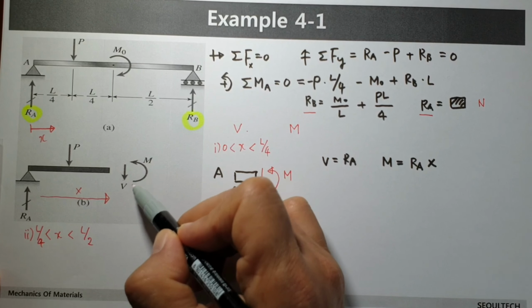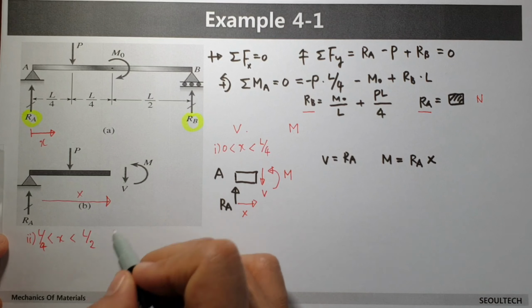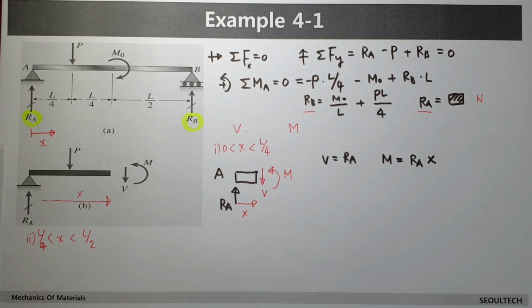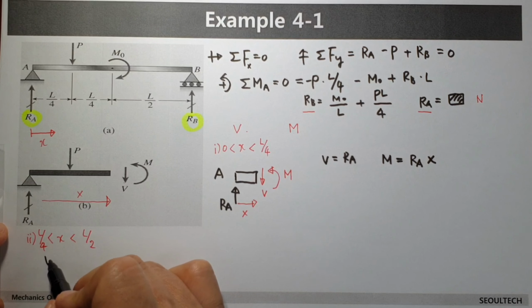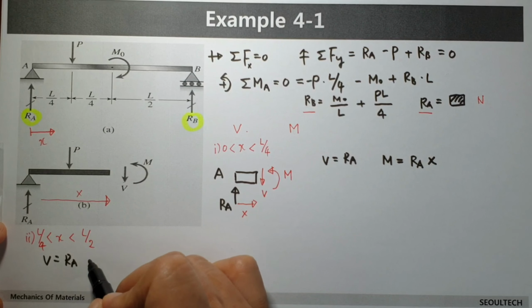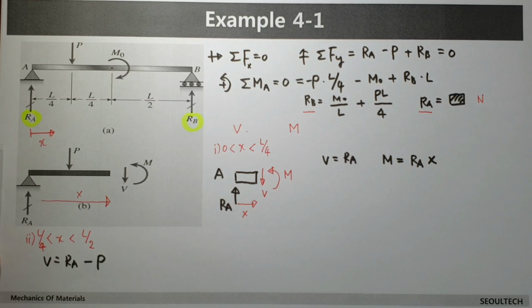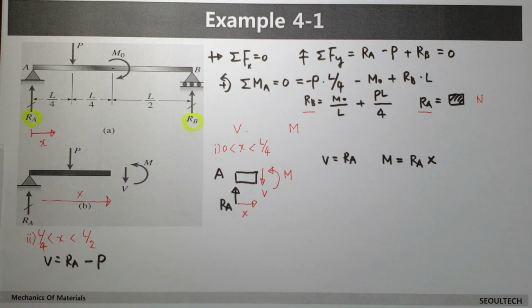V is downward and moment is like this. Then we can calculate that shear force V is the same as RA minus P.